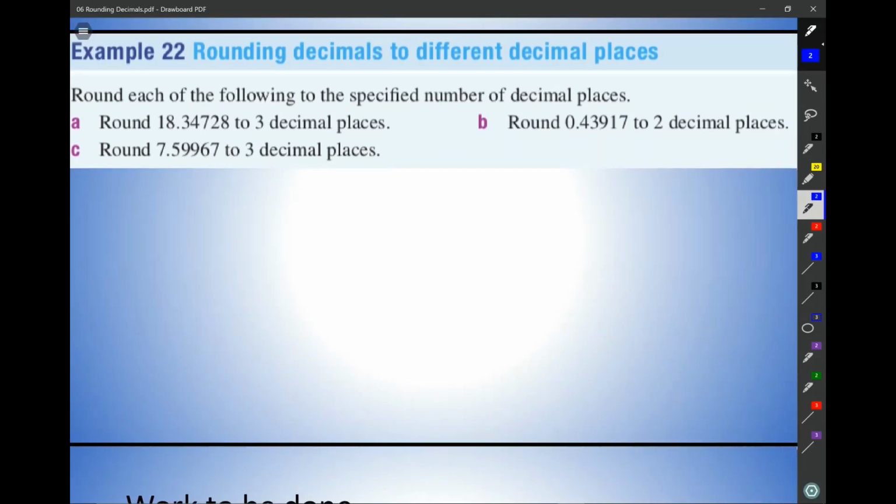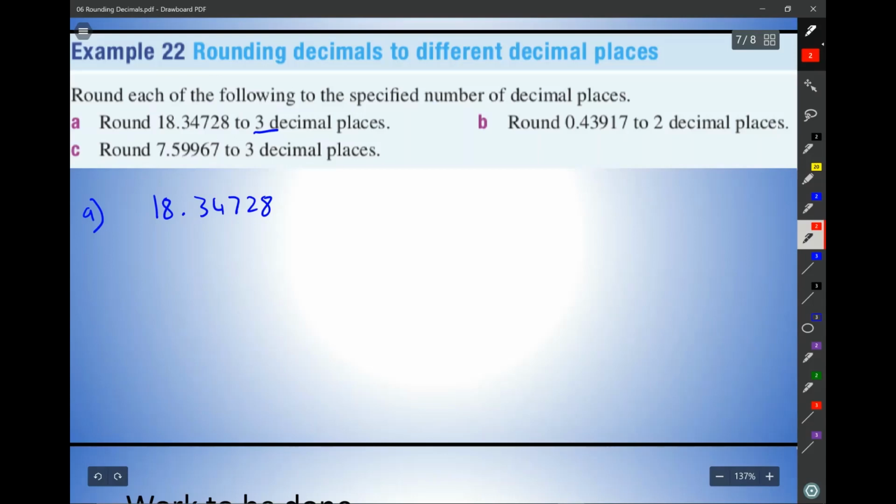One more set of examples. If you're still a bit unsure, pause the video here and attempt these questions. Okay, I'll show you how to answer them now. So we're rounding this number to 3 decimal places. So we draw our line and look at our critical digit.